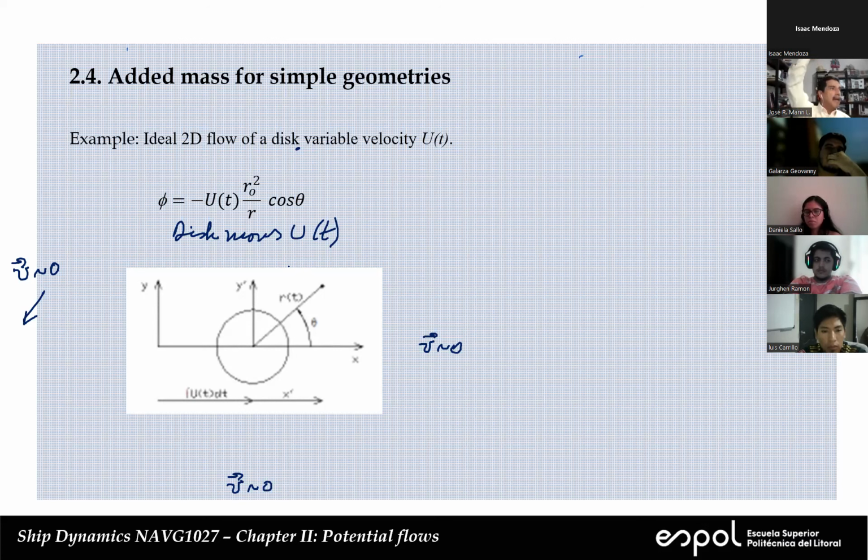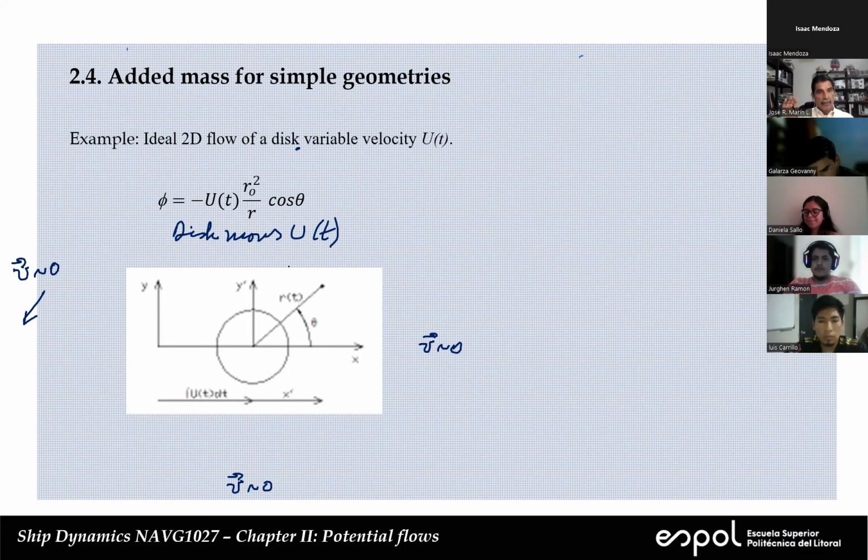Again, we are very far away from the free surface, so we cannot expect to generate waves. There is no viscosity, and you have to imply that because I'm using phi. Phi is the velocity potential. Every time you use a potential, that means that the fluid is potential, so there is no viscosity.